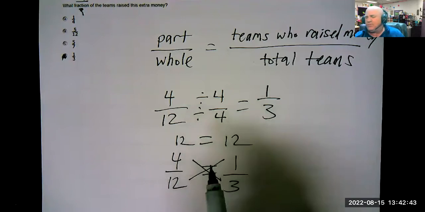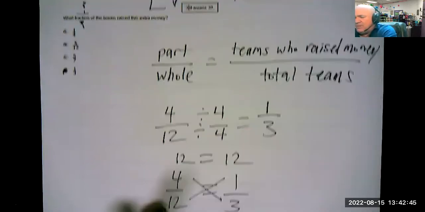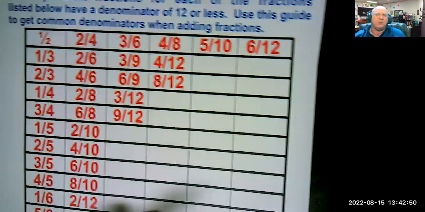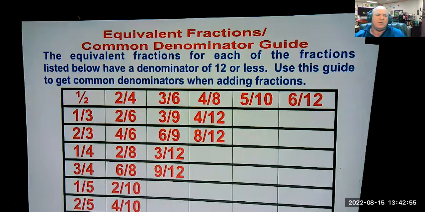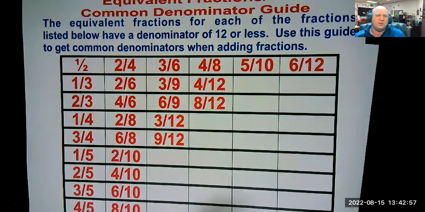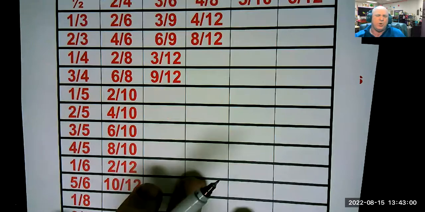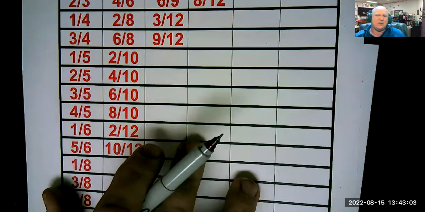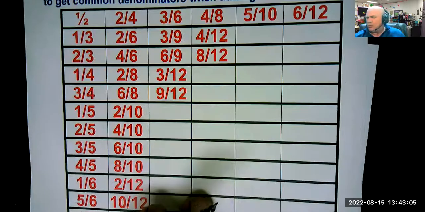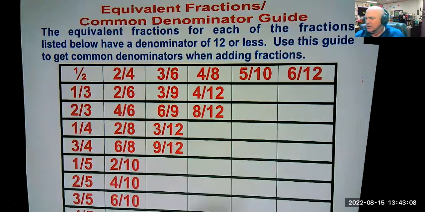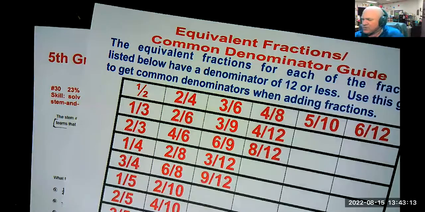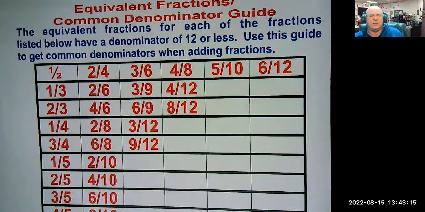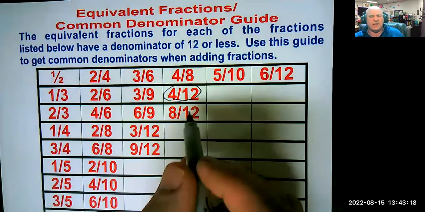Step 3, go to page 11 of my mathematics chart in a section called Equivalent Fractions Common Denominator Guide. So how do I figure out, using denominators that are different, what it is that I could come up with that would work? Well, our answer was 4/12, and I see a 4/12 here in my equivalent fractions guide.